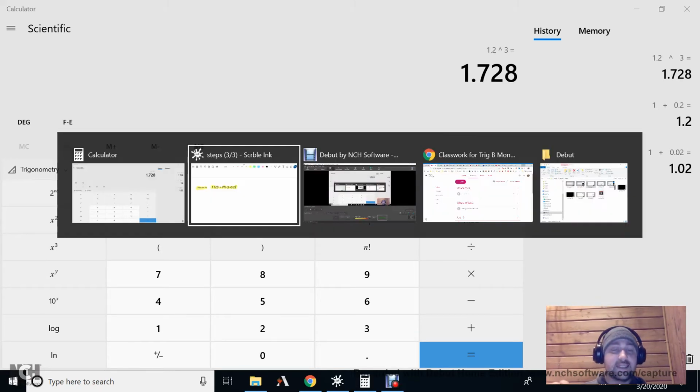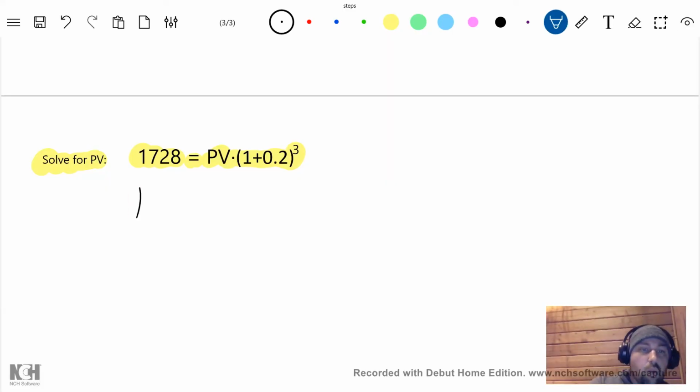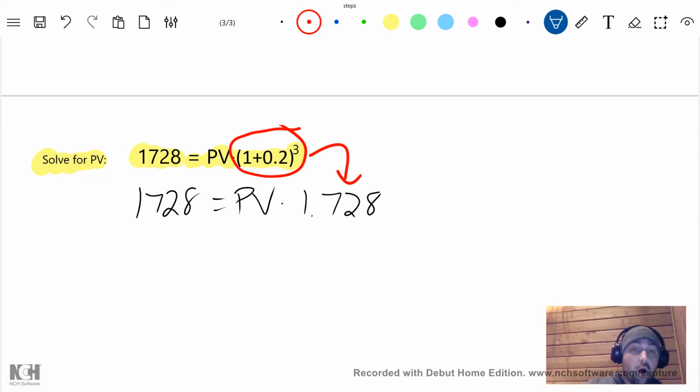So what that means is that this equation is actually 1,728 equals present value times 1.728, because this whole thing right here is just that value. And now all we have to do is undo this one single operation.